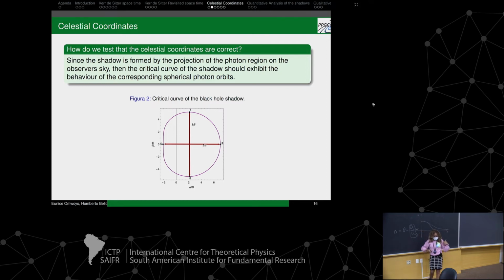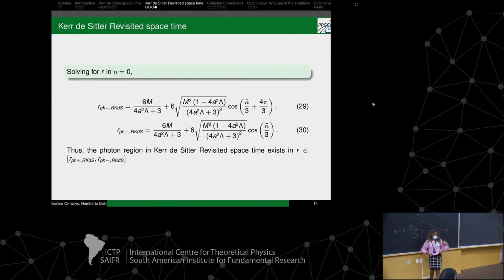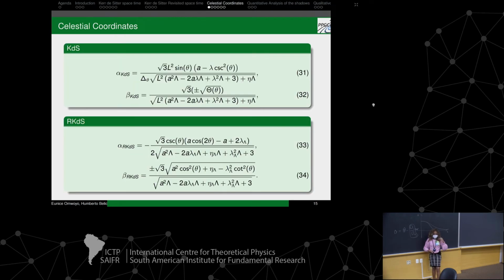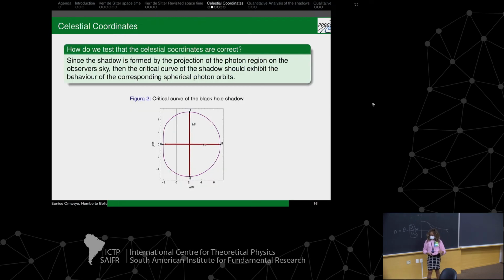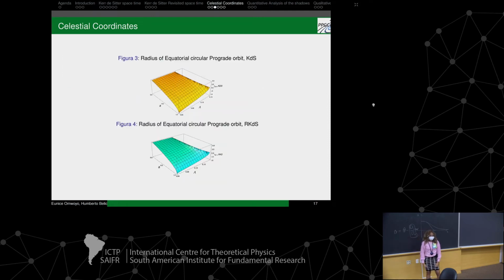So let's analyze the behavior of, for instance, the radius in equations 29 and 30; the behavior that it exhibits should be seen on these curves. In figures 3 and 4, I was analyzing the lower bound of Kerr-de Sitter and Kerr-de Sitter revisited spacetimes. Remember there's the cosmological constant.